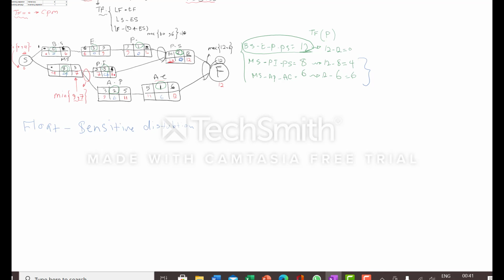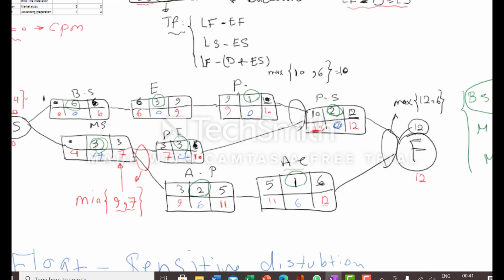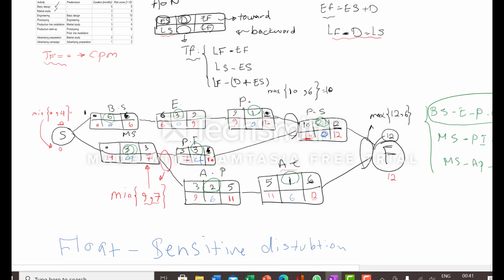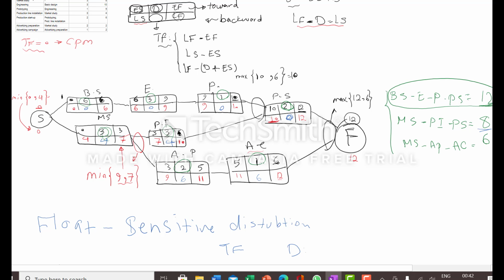For example, for activity MS, for the path of MS, PI and PS, the total float is 4 and the duration is 8, and the risk score of MS is 8 from 10, and the risk score of PI is 4.